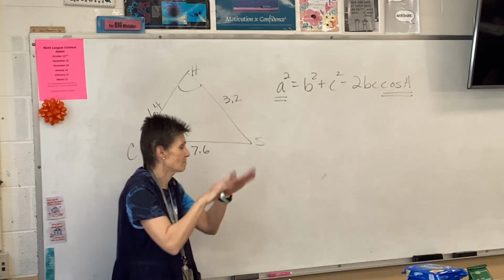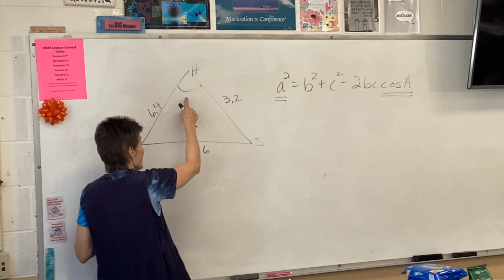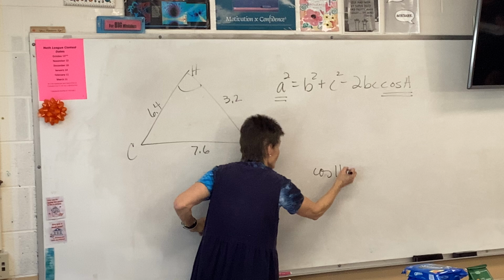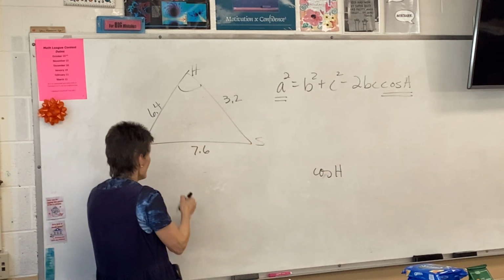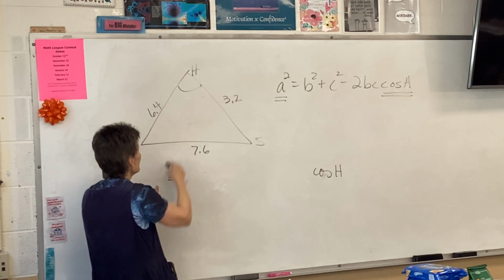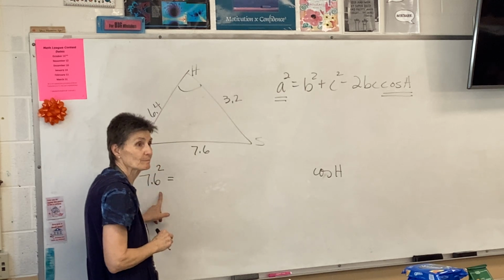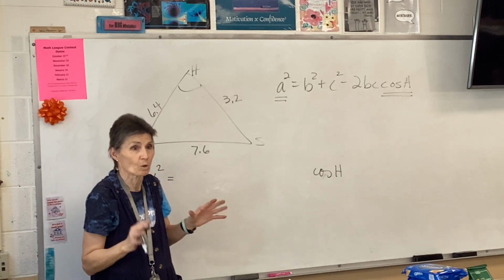Personal preference, doesn't matter. Now, if I'm using angle H, then my law of cosines is gonna say cosine H out here. I don't know what H is, so cosine H. And then over here is going to be 7.6 squared. That's the way the law of cosines works.